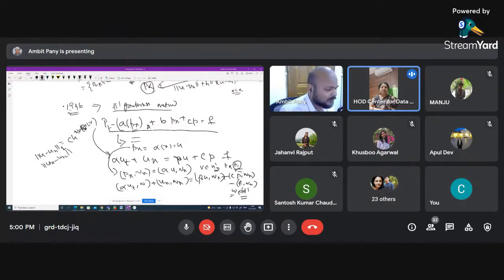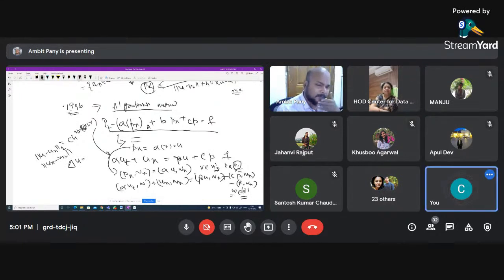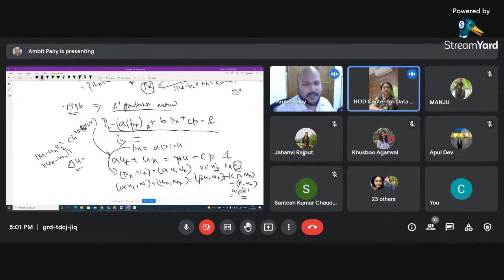Laplace transformation. Laplace operator, yes. What is the question? No, it is not a transformation. It is an operator, nothing else. It is uxx plus uyy.